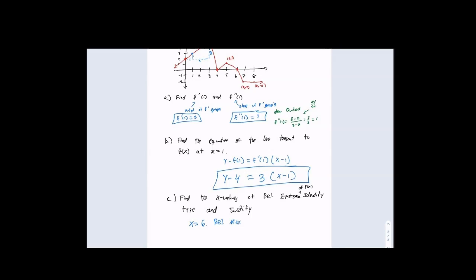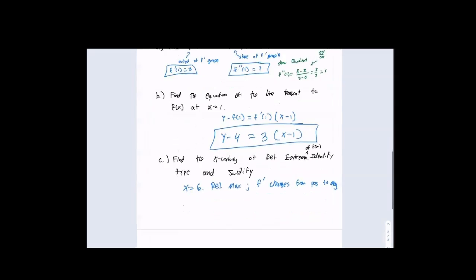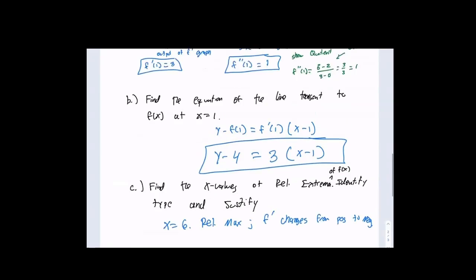It's a relative max because f prime changes from positive, above the x-axis, to negative. The relative max, right there.